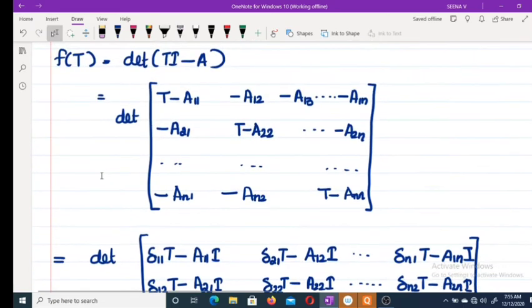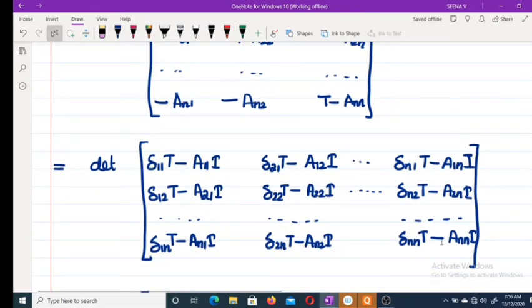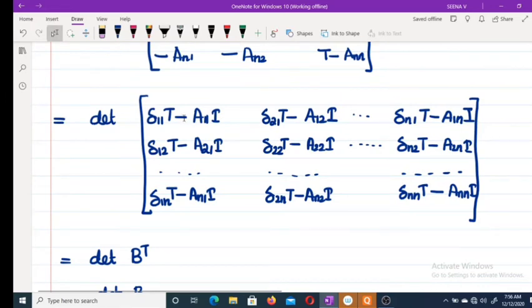Now you can write this as delta 11 T minus a_11 I. Also delta 21 T minus a_12 I, etc., delta n1 T minus a_1n I, delta 12 T minus a_21 I, delta 22 T minus a_22 I, etc. So this determinant is the same as, what about this matrix?